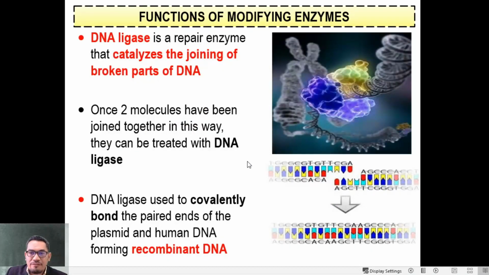Function of modifying enzyme. DNA ligase is a repair enzyme that catalyzes the joining of broken parts of DNA. Once two molecules have been joined together in this way, they can be treated with DNA ligase. DNA ligase is used to covalently bond the paired ends of the plasmid and human DNA, forming recombinant DNA.